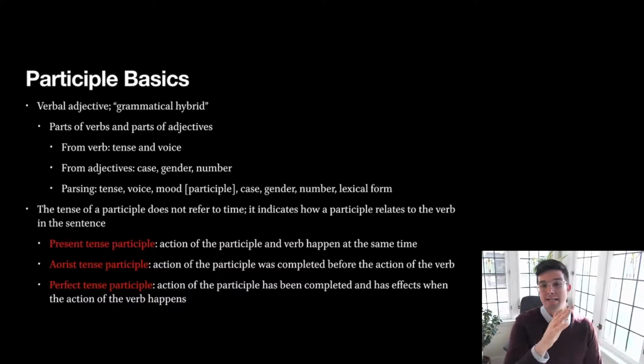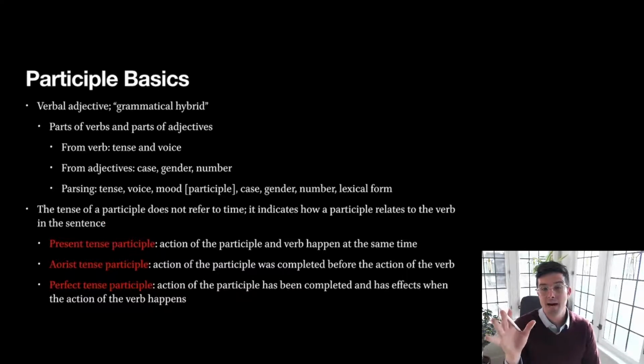And whereas with indicative verbs, we've largely correlated tense with the time of the action or when the action took place, that is not the case with the tense of participles. So when you come across a participle in a Greek sentence, you are not getting the time that the action took place in that sentence from the participle.